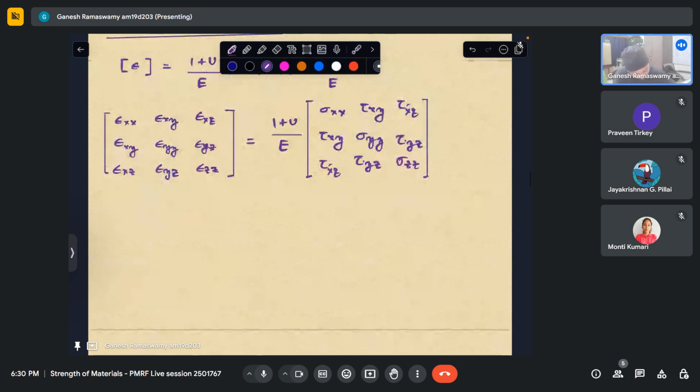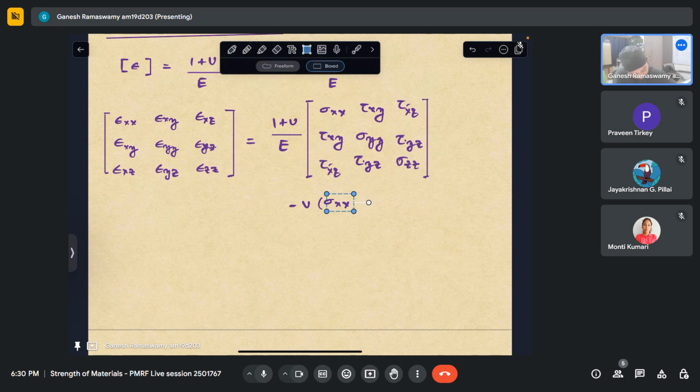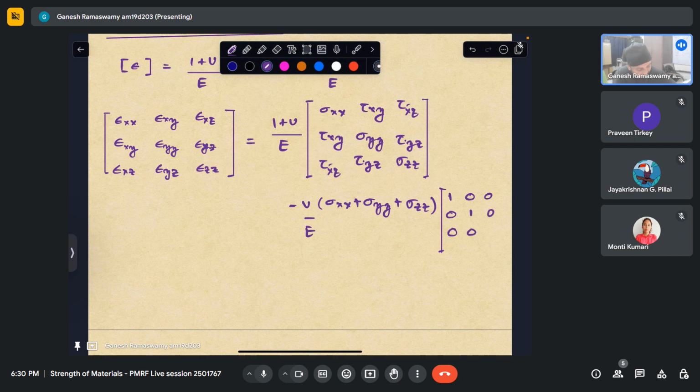So this is minus mu into the trace, so this plus this, into mu by E into the identity matrix 1 0 0, 0 1 0, 0 0 1. So that is all there is to it.